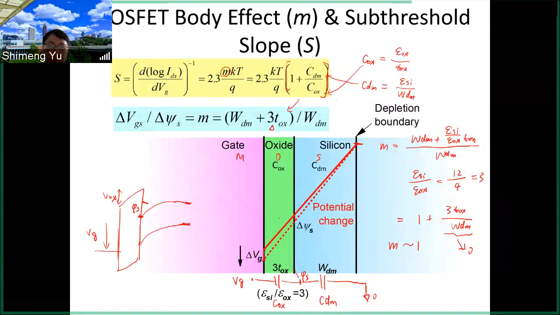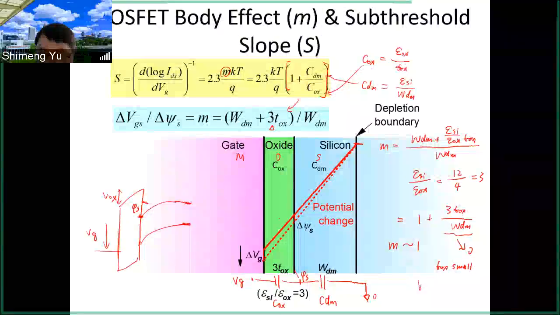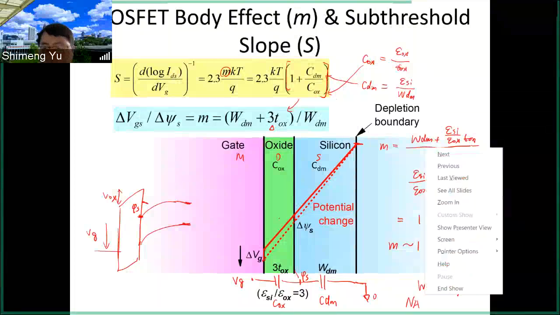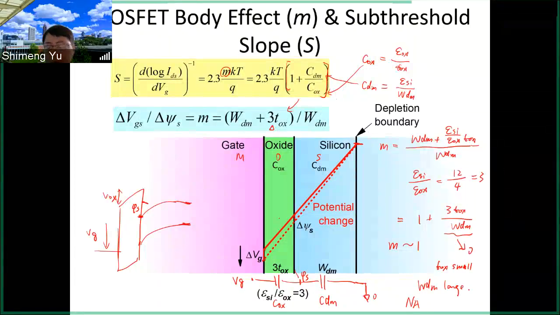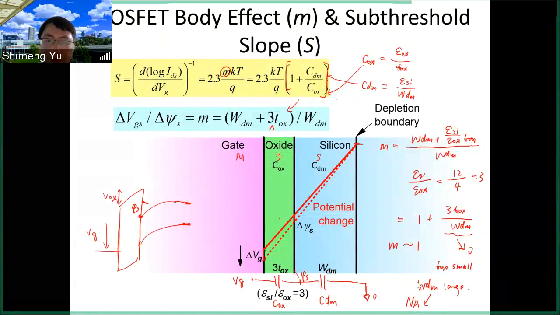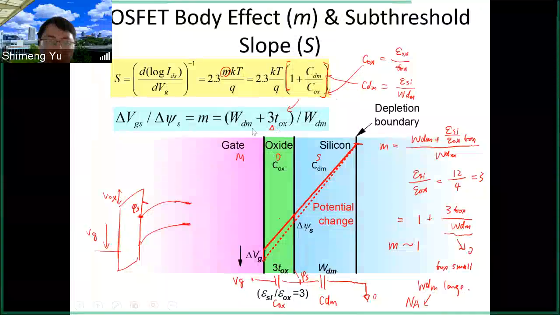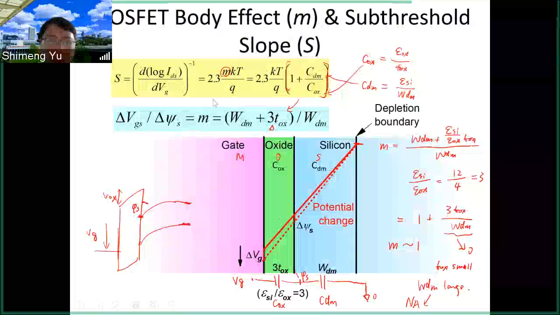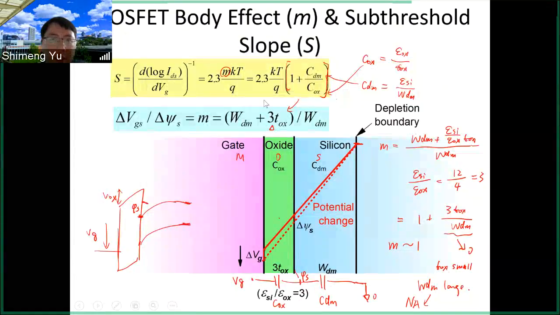You see how you design the transistor to make this 0. You want the TOX small and WDM large. And WDM depends on the doping, Na. If you recall lecture 8, you will see the maximum depletion width depends on the Na, the doping density. So that's why you can actually engineer your transistor if you want better S slope to give you better subthreshold performance, lower leakage.